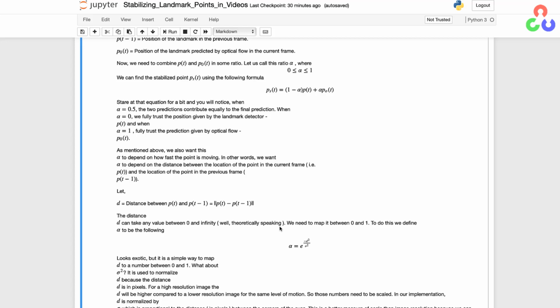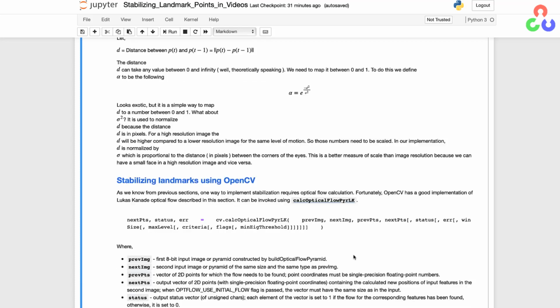Now the distance can go from 0 to infinity, and that doesn't get us alpha. So we have to map this distance to a number between 0 and 1. We can do this by using this formula. What we have done here is we are saying alpha equals e to the power minus distance squared divided by sigma squared.